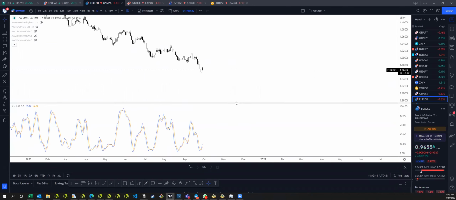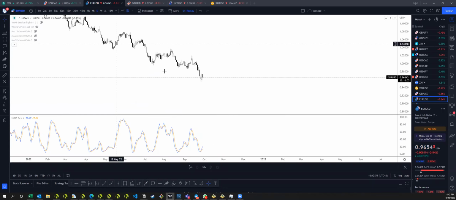And again, conventionally, as the blue line moves above the orange line, it's an indication to buy. But for us in a downtrend, we do not buy in the oversold region.